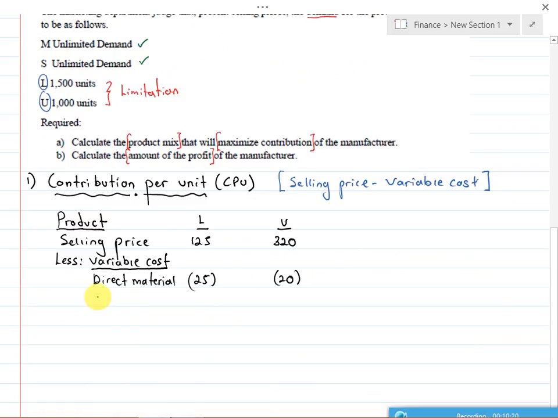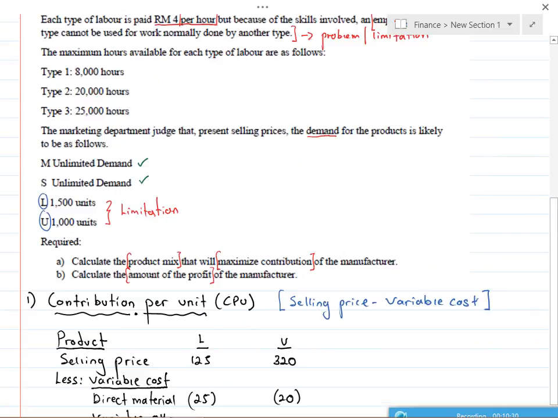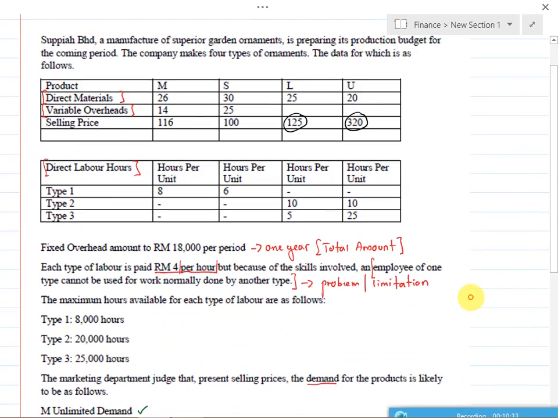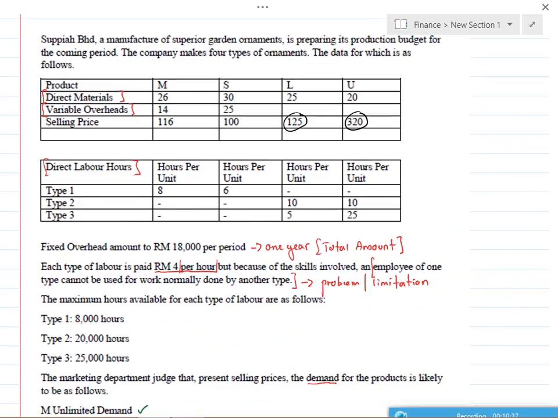Next is your variable overhead. How much is your variable overhead? Now here, normally for my students, I will change the variable overhead.